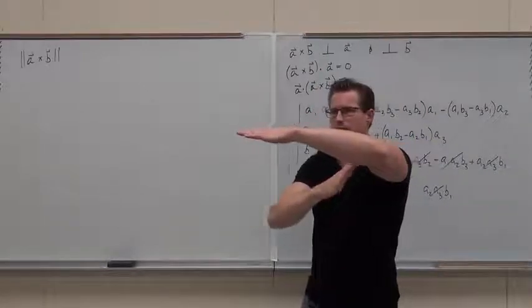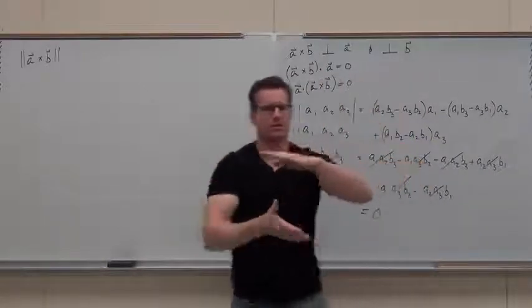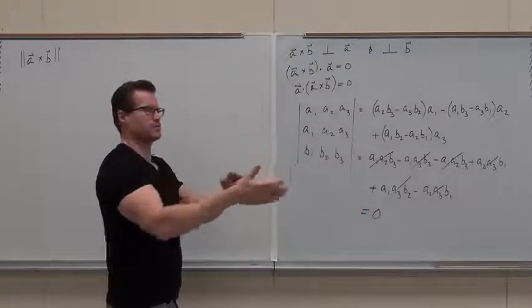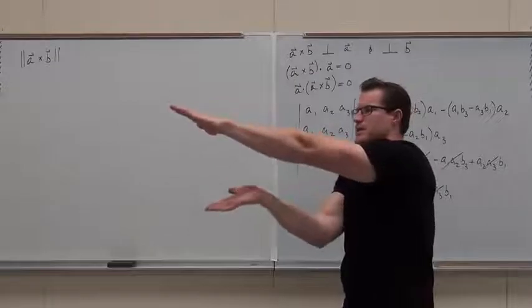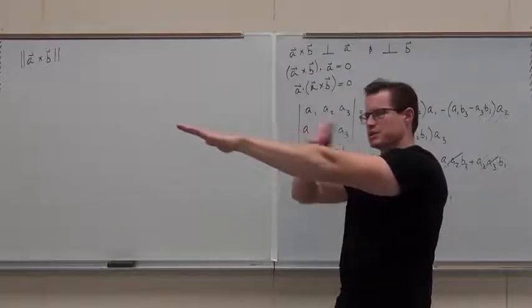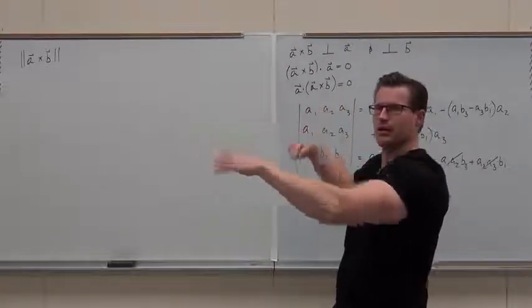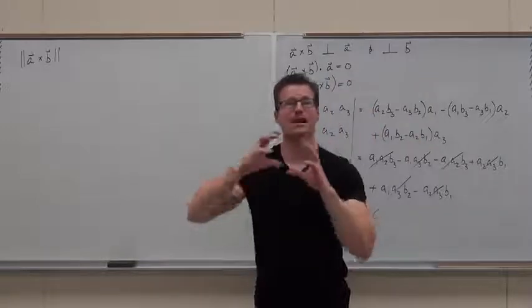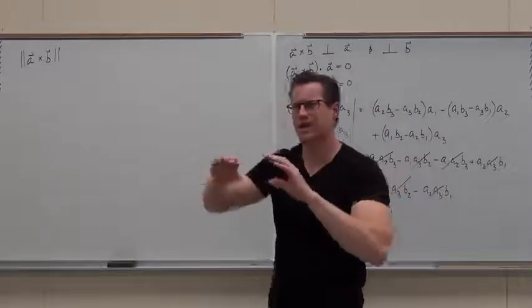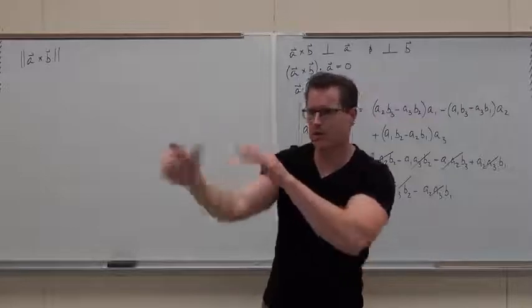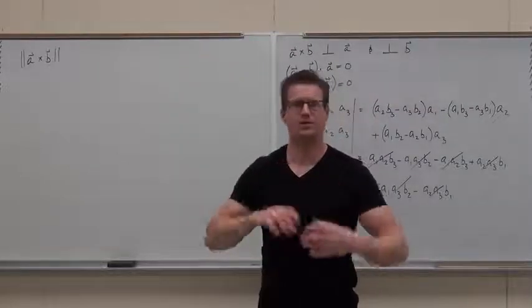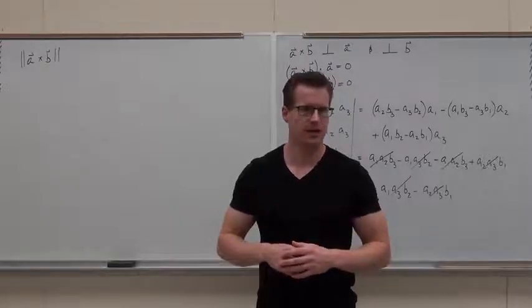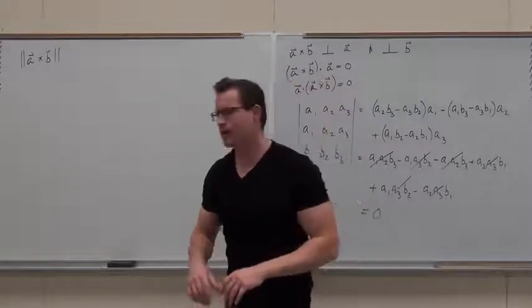If I do the other way, untwist it, right-hand rule says... I did it wrong, didn't I? Sorry. Right-hand rule says I'm taking this vector and going this way. It's going to twist it this way in. That is torque. So the magnitude of that twist, the magnitude of the vector that's perpendicular to both A and B, the length of that is how much torque you actually get. That's how we represent torque.